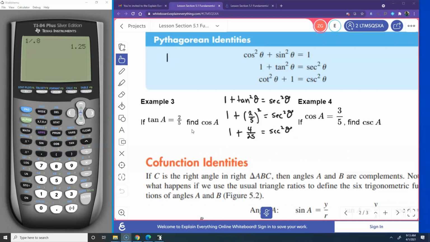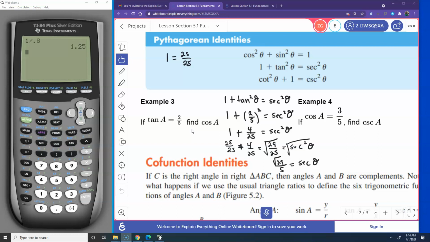Remember that 1 can be written as 25 over 25. So I have 25 over 25 plus 4 over 25, which gives you 29 over 25, and that equals secant squared theta. And since we need to find secant, we're going to get the square root of both sides. So you have the square root of 29 over 5 is equal to secant theta.